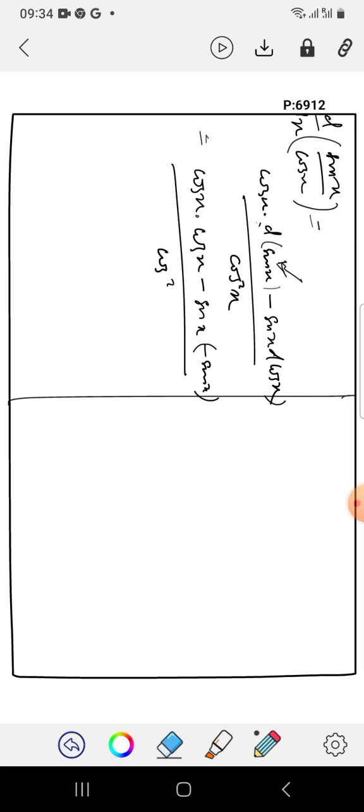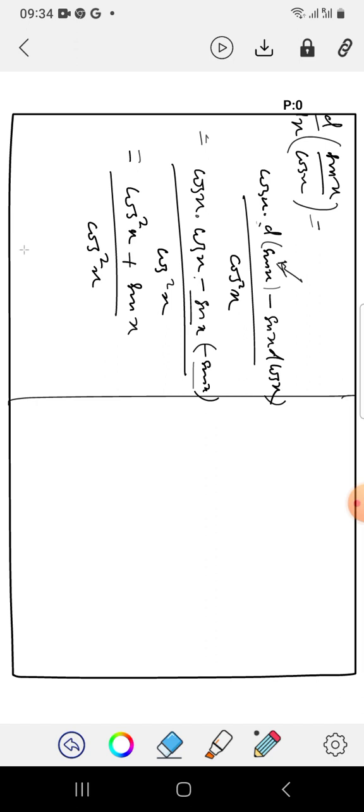The denominator is cos squared x. The product of cos x and cos x gives cos squared x, and minus sine x times minus sine x becomes plus sine squared x, everything over cos squared x. Now sine squared x plus cos squared x is 1, so this is 1 over cos squared x.